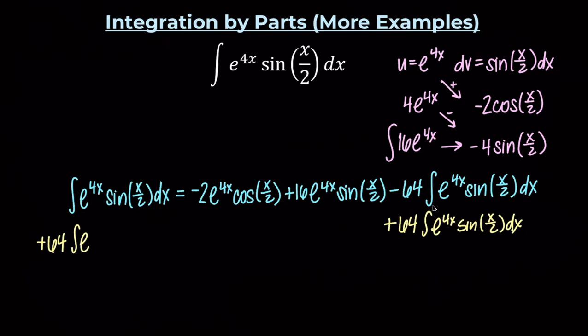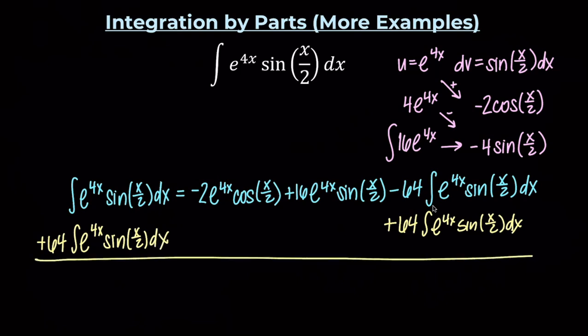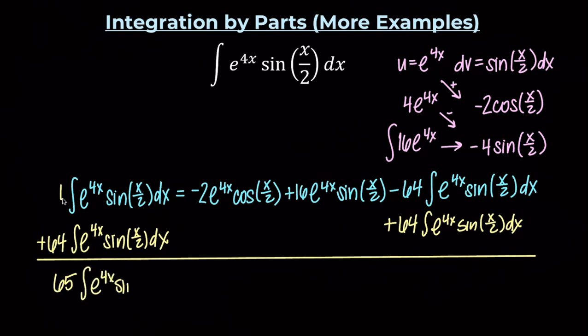They are like terms, so we're going to add these integrals. There's a 1 in front of the original integral, so when we add the numbers in front of the integral, we have 65 times the integral of e to the 4x sine of x over 2 dx.